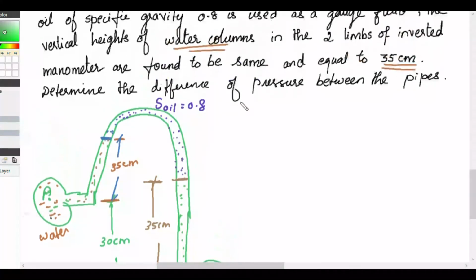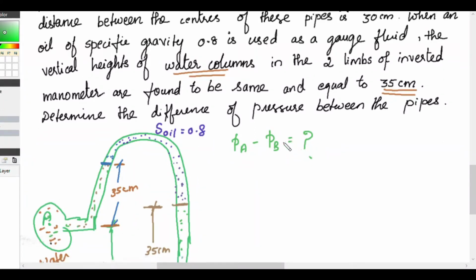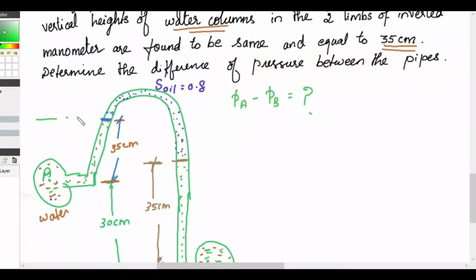Now, determine the difference in pressure between the pipes. That means we need to find PA minus PB. This is what is required. So now let us take this as the datum line.